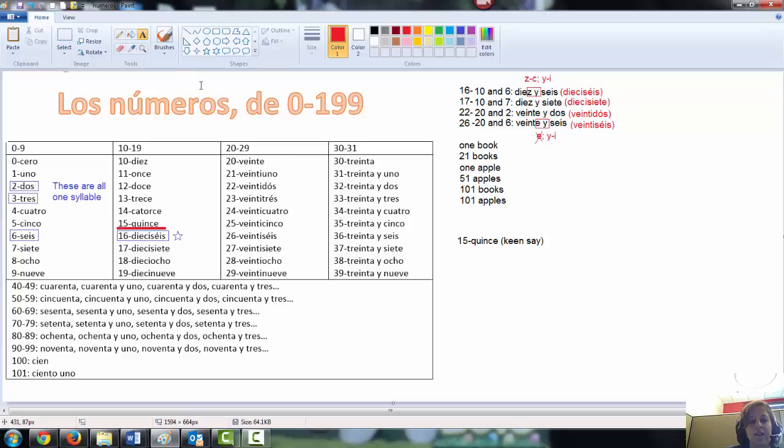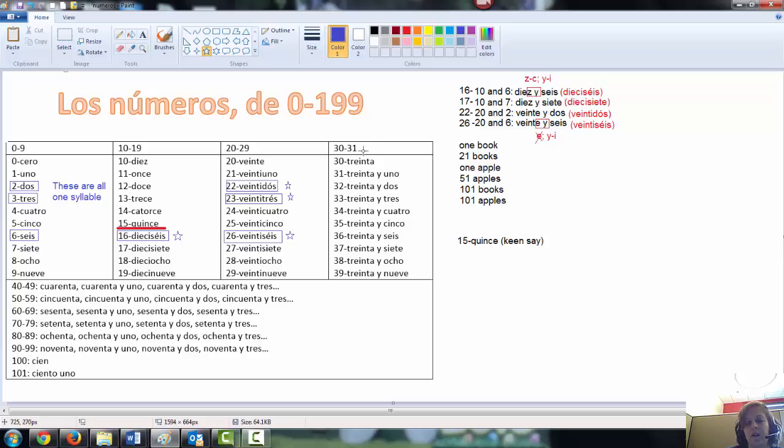And within your 20s, there are 3 that get that accent mark if you make them a compound number, which are 22, 23, and 26.